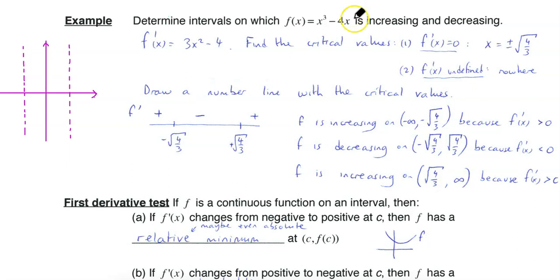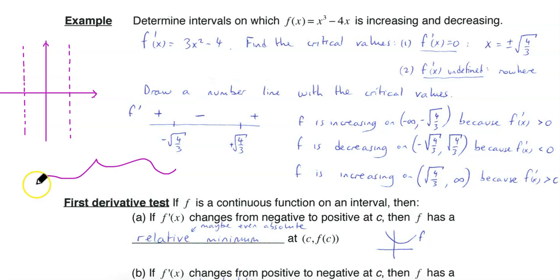Why did we want to find the critical values? Well, if you think of a function, let me just draw a random function, quite complicated. If we want to know on what intervals a function is increasing and decreasing, it is always going to be sliced by places where the derivative is 0 or undefined.